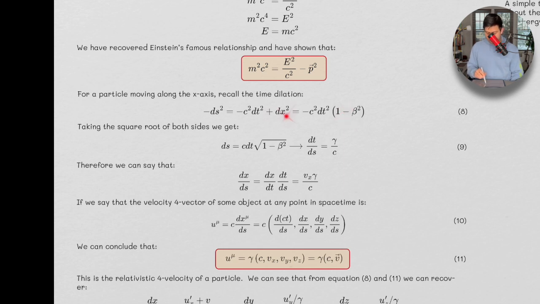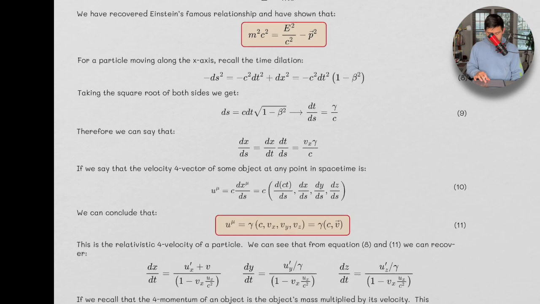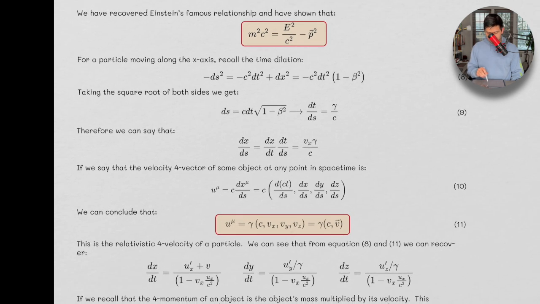But because we're moving in x, we can rewrite it like this, okay? Where the gamma factor contains the velocity moving in the x direction.